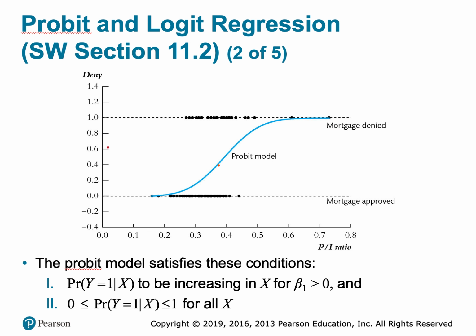So the predicted probability is increasing in the payment to income ratio, and we're not going to see probabilities below 0 or greater than 1 for the probit model. So the probit model satisfies these conditions that we require for an ideal model for our binary dependent variable.